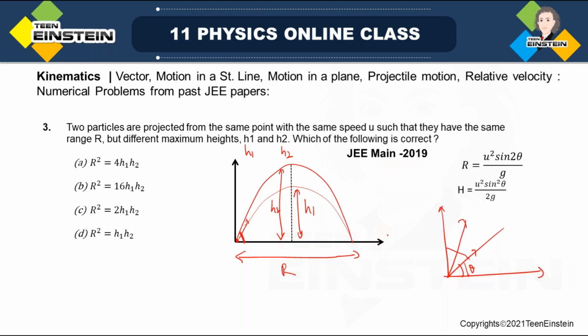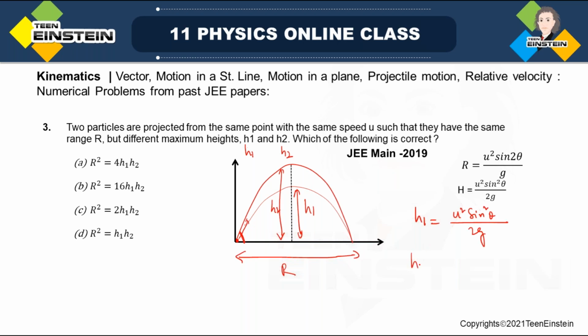Okay, so we have obtained here the formula for the range with capital R and maximum height with capital H. We can now write what H1 and H2 are. Let us say H1 is thrown at an angle theta, so we can use this formula. So u square, both are thrown with the same velocity, so this is u square sine square theta divided by 2g.